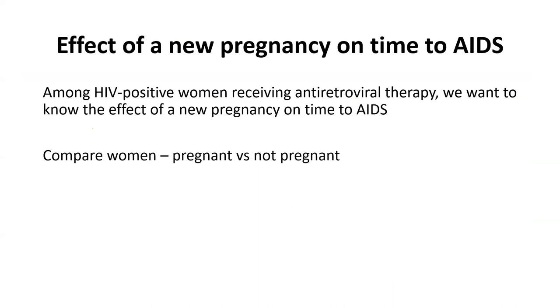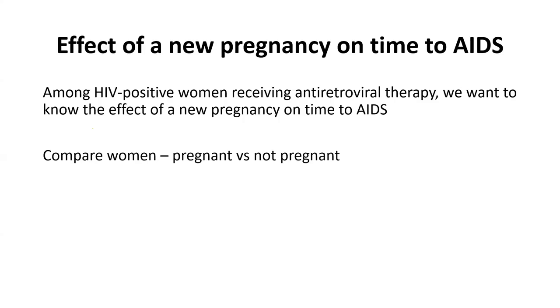Now, this again is an example of Berksonian bias, where we want to see the effect of new pregnancy in HIV positive women, and look at the time to development of AIDS. Women who are pregnant and HIV positive are more likely to report with symptoms because they are pregnant and HIV positive.